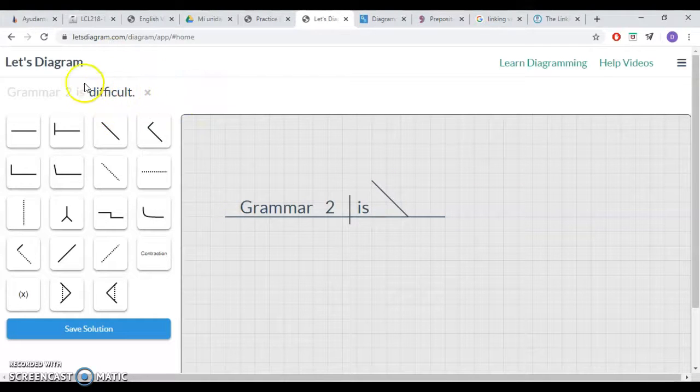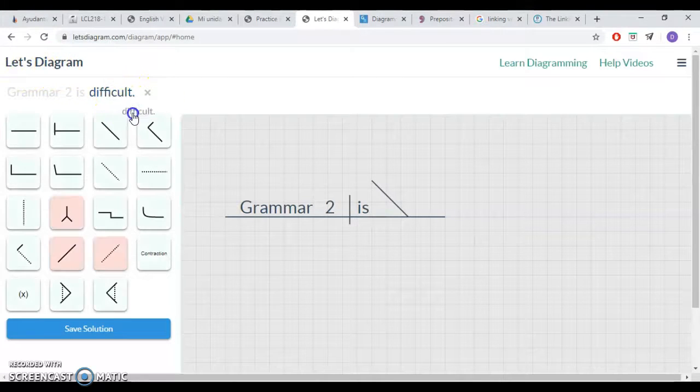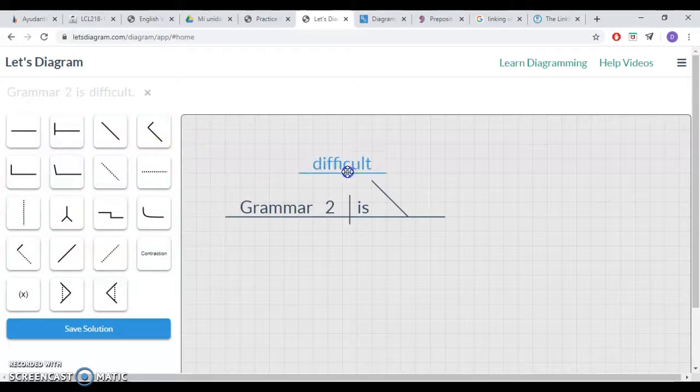Difficult is an adjective, so in this case, this is functioning as an adjective phrase. As an adjective, it's doing something to the subject. It's saying something about the subject. Okay, so we're going to add it right here.